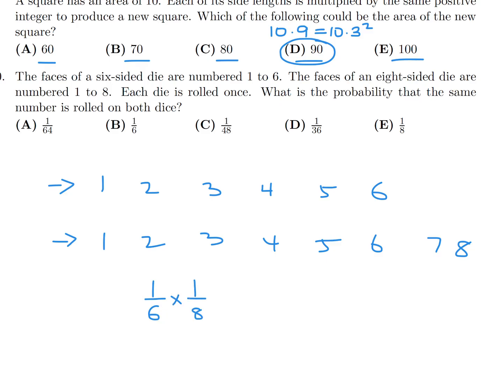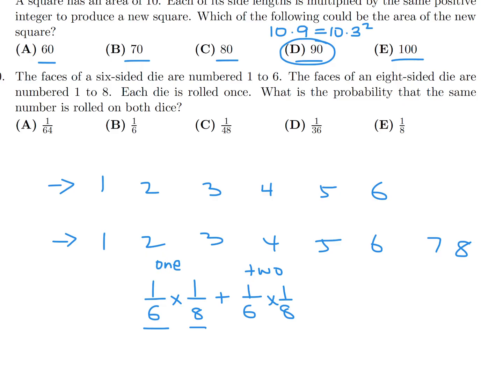Yeah, I'm just thinking too hard there. So for example, let's say I wanted both of those dice to show a 1. The probability of getting a 1 from the first die is 1 over 6. The probability of getting a 1 from the second die is 1 over 8. So this is for the 1. Now for the 2, it would be the exact same calculation. Got it?